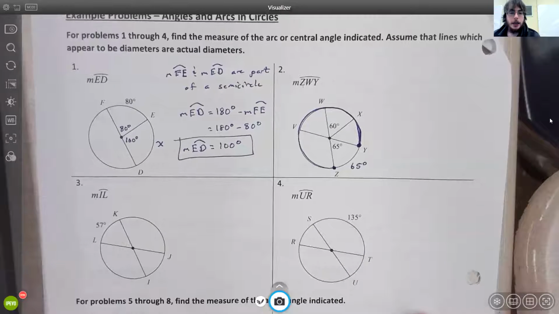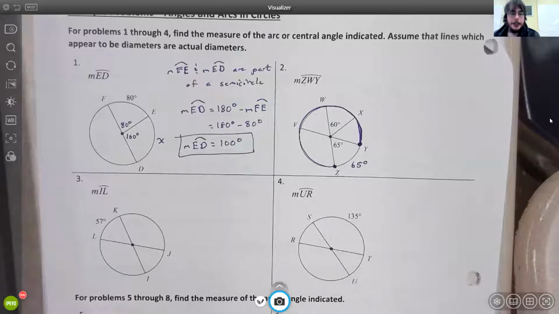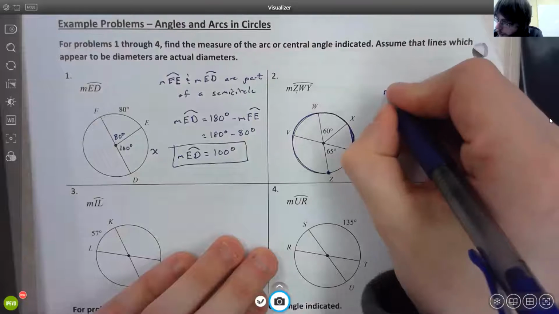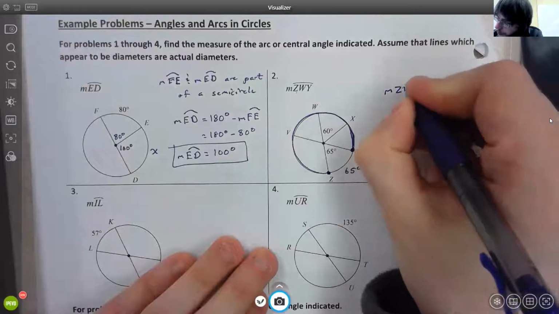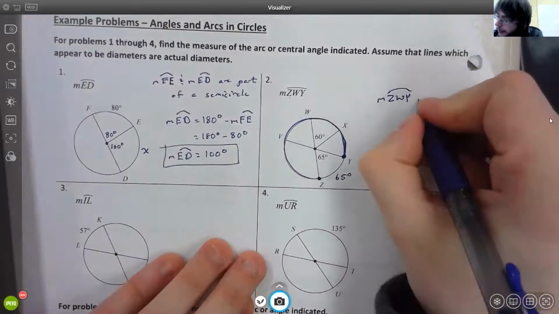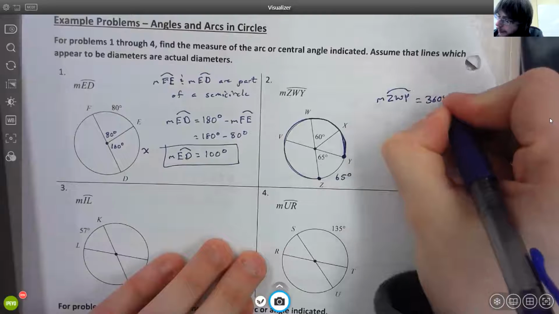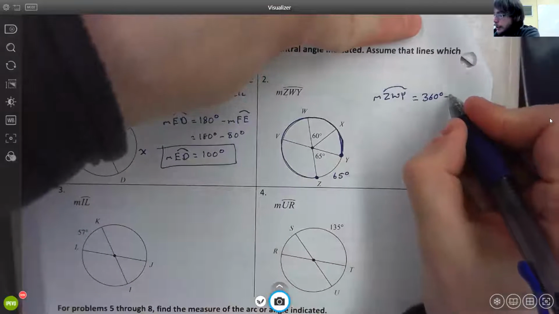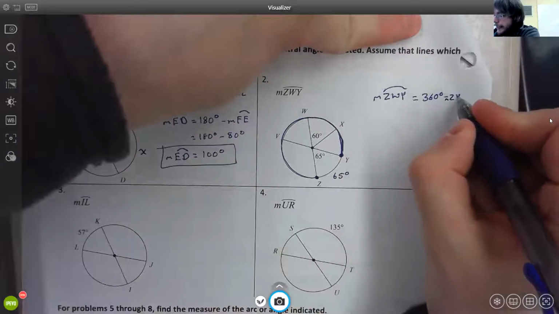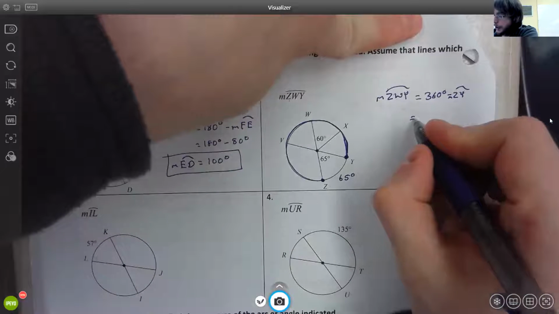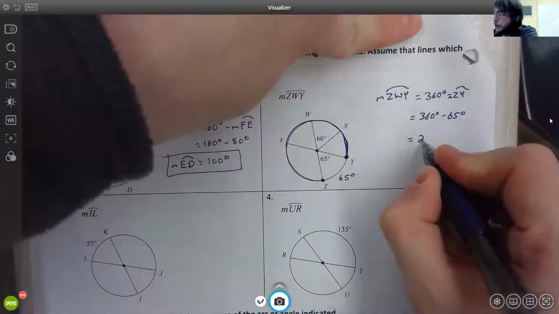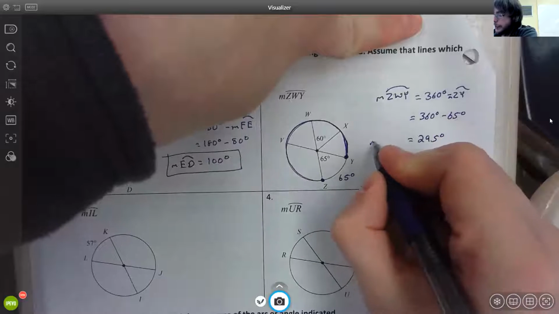And what is the sum of the arcs or angles in a circle? Well, that would be 360 degrees. So in order to determine arc ZWY, you take 360 and subtract arc ZY. So that means you get 360 minus 65 degrees, which is 295 degrees.